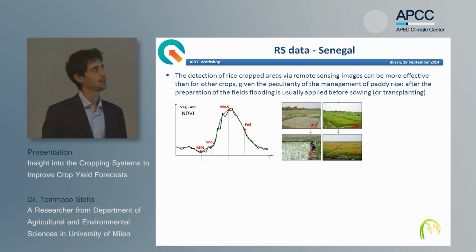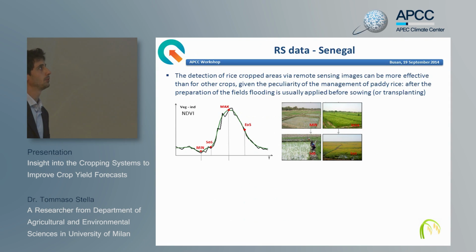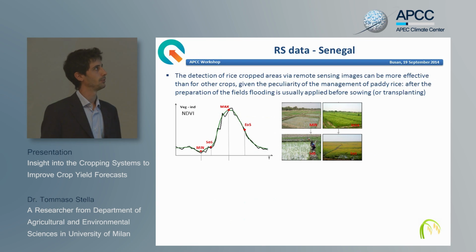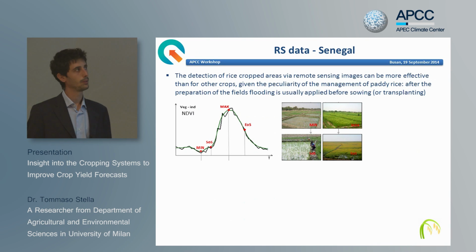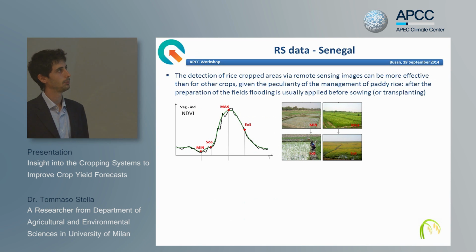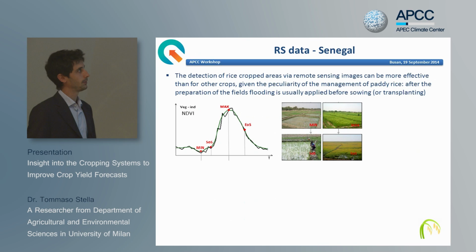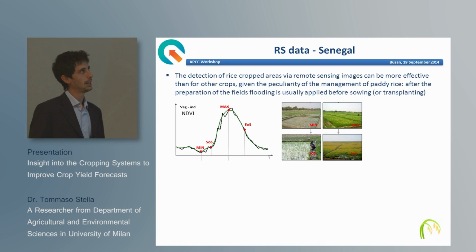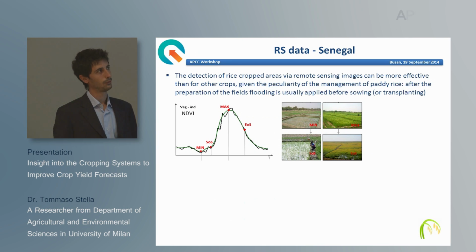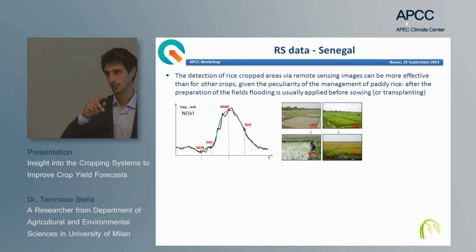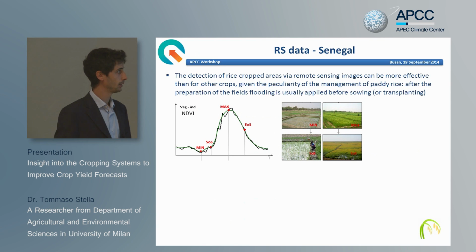We have, again, some examples. The first one is on rice, and probably you know that the detection of rice crop areas via remote sensing can be more effective than for other crops, given the peculiarity of the management of paddy rice. Because after the preparation of the field, flooding is usually applied before sowing or in Asian conditions before transplanting.